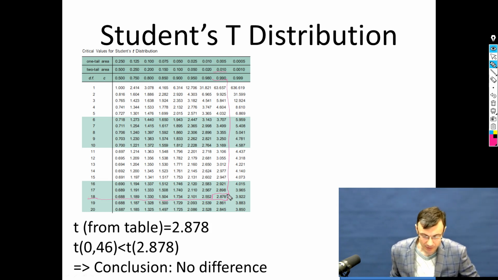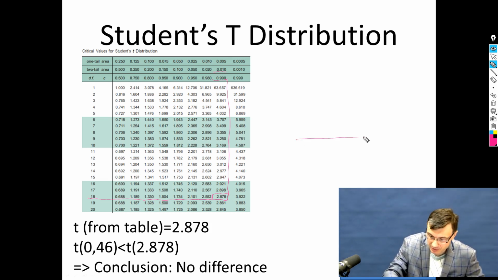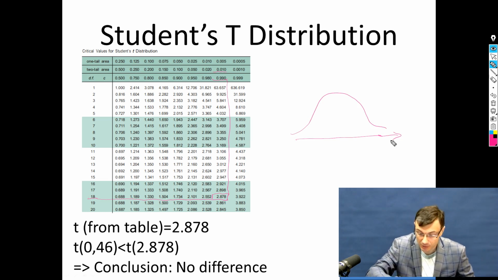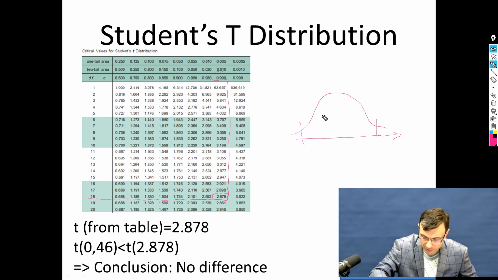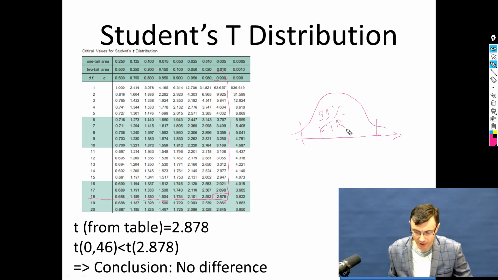If we make a sketch of the standard probability distribution, this will be the area for FTR, fail to reject.